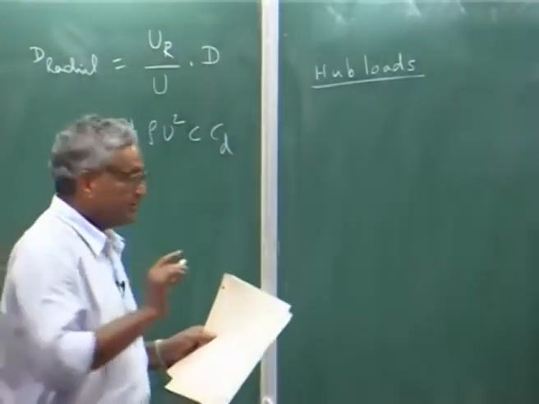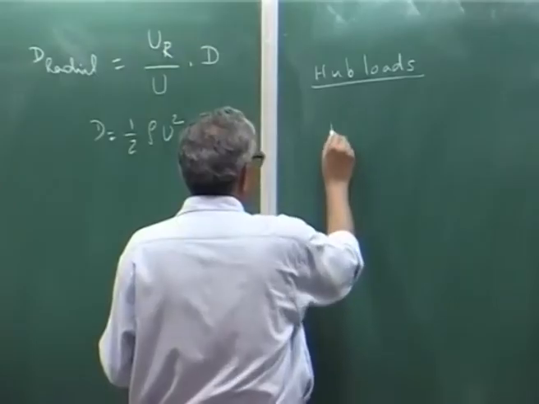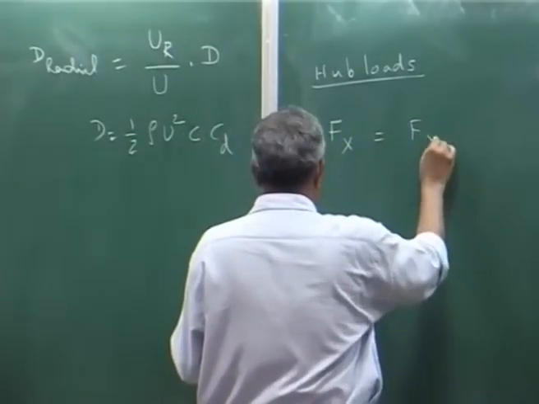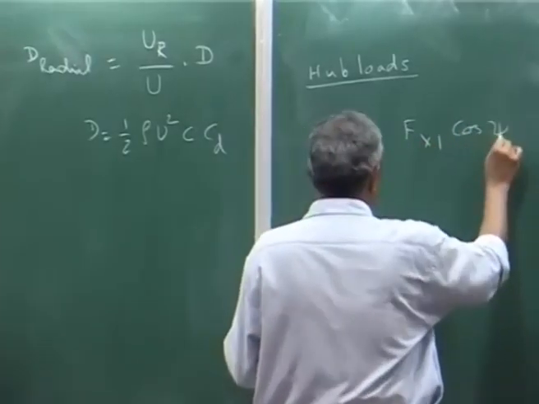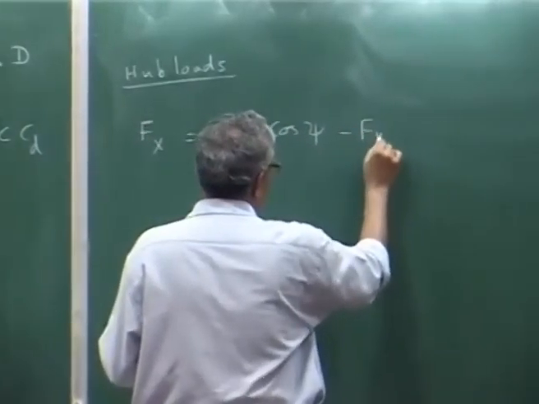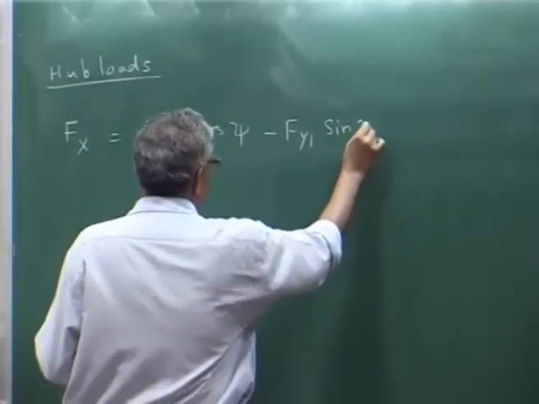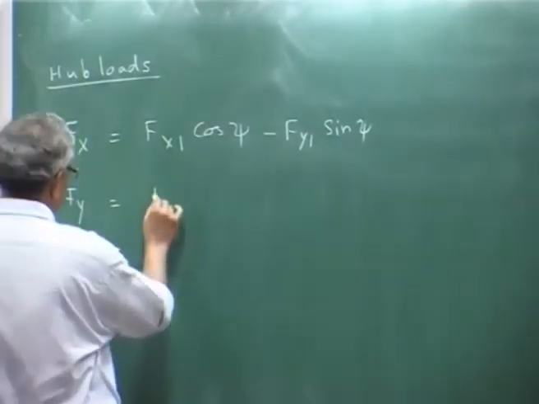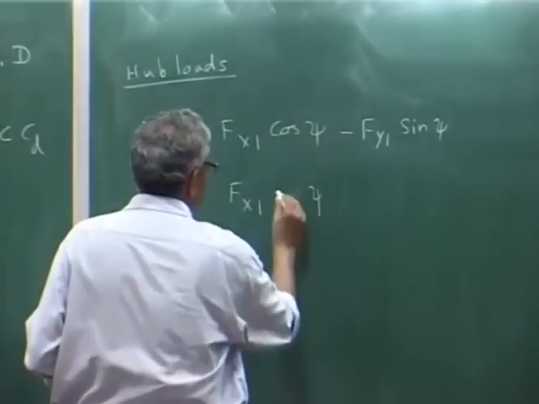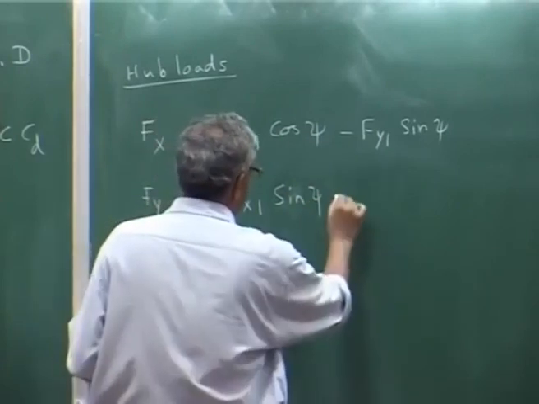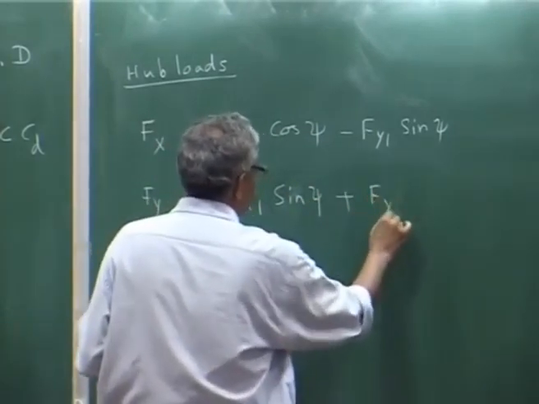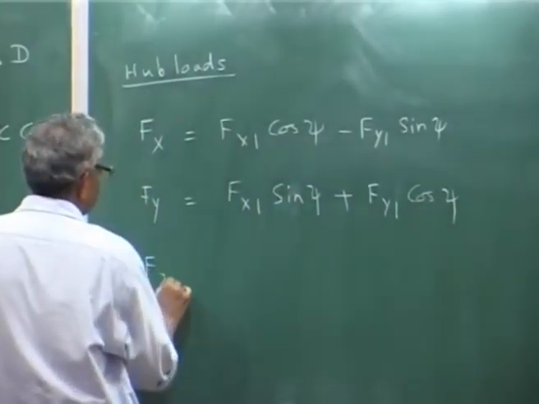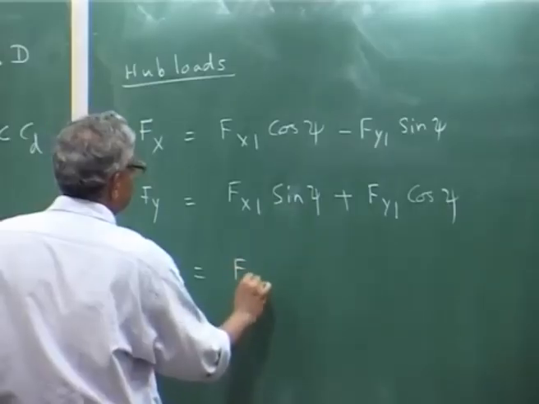But only you have to integrate, but before that I am just giving the fx is fx1 cosine psi minus fy1 sin psi, and fy is sin psi. Okay. And then plus, and your f z will be f z1.